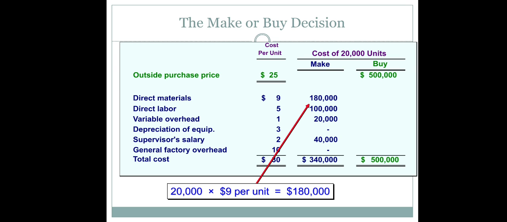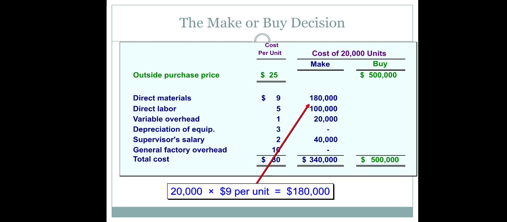Now the company has to use 20,000 units of part 4A, so you calculate the cost of making 20,000 units. See if direct material is a relevant cost. Why relevant? Because if the business makes the part 4A, the business has to pay the direct material cost.